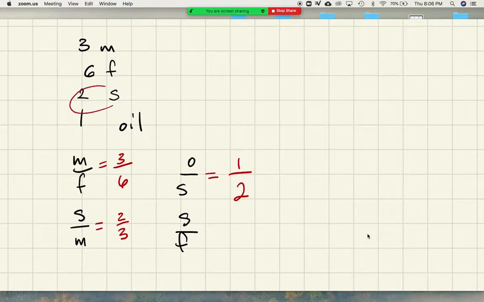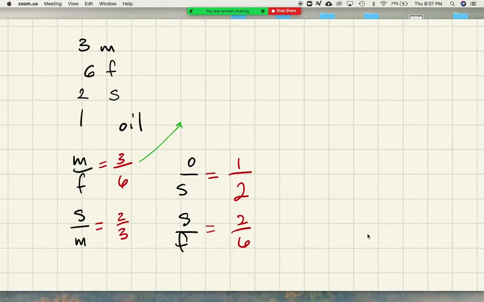And then the sugar over the flour, that would be 2 over 6. All right. And it's asking which one's the smallest ratio, right? Yes. So you could just divide all of these.